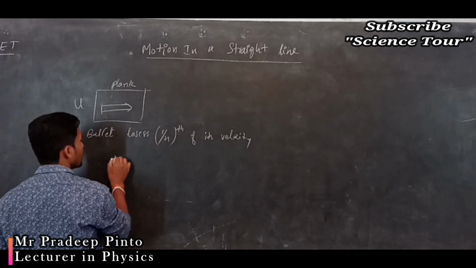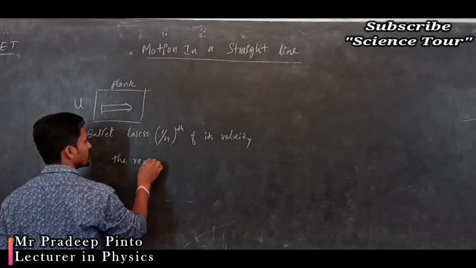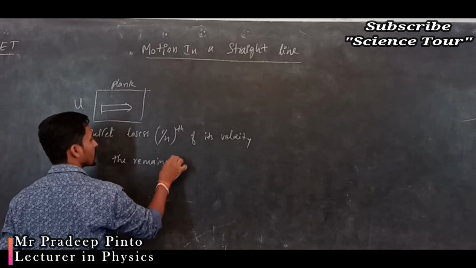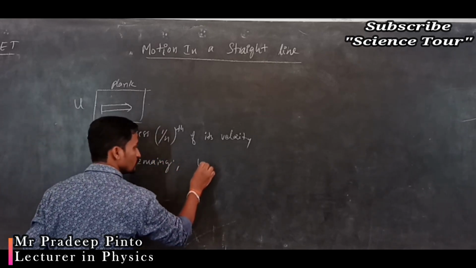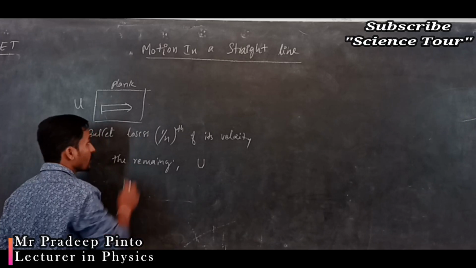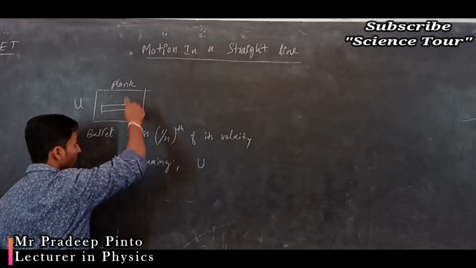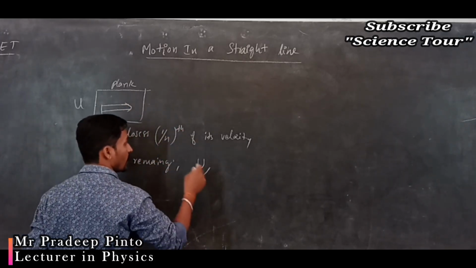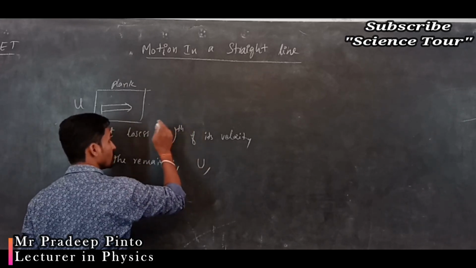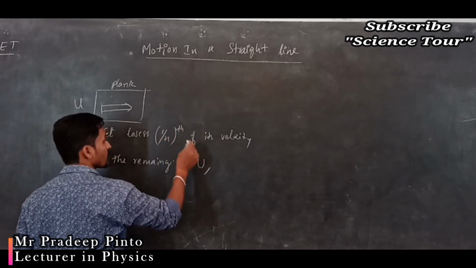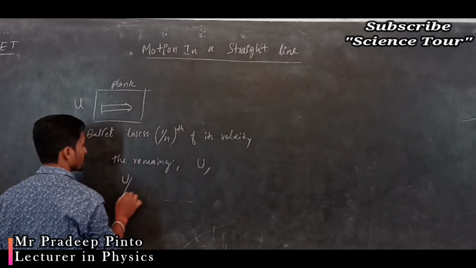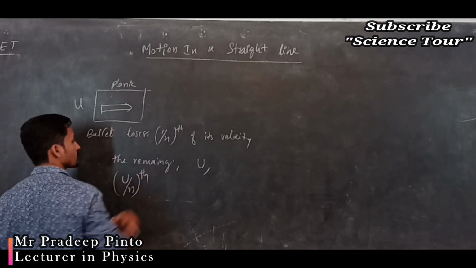The remaining velocity: it was u, and now it reduces by 1 by nth of the initial velocity, so 1 by nth is reduced.